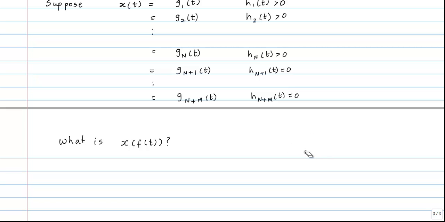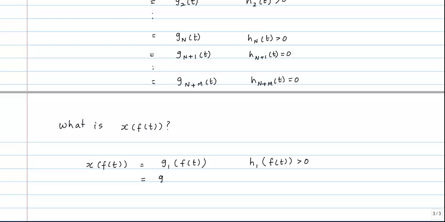So generalizing the previous result, x of f of t should be given by g1 of f of t for the range of values of t defined by h1 of f of t being greater than 0.